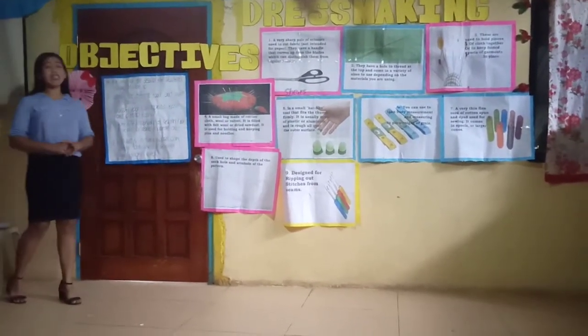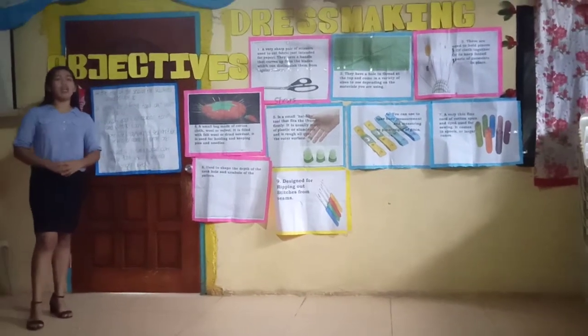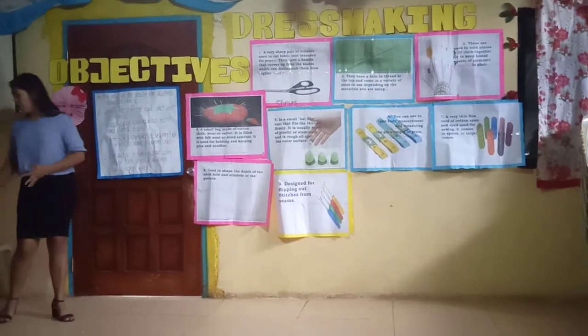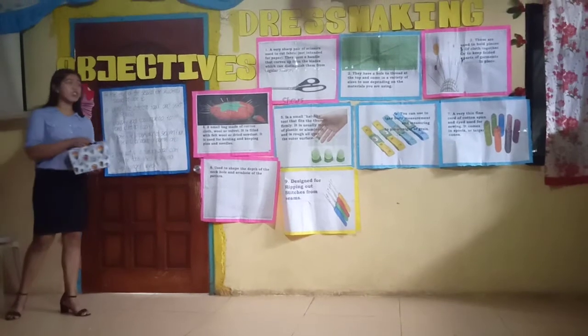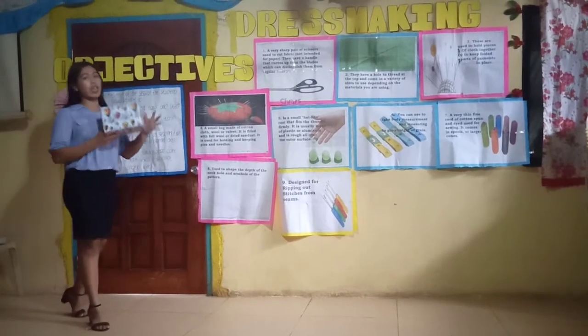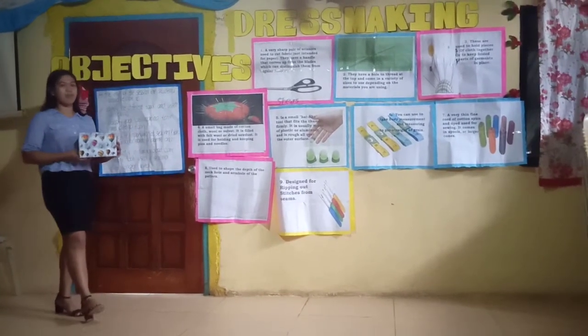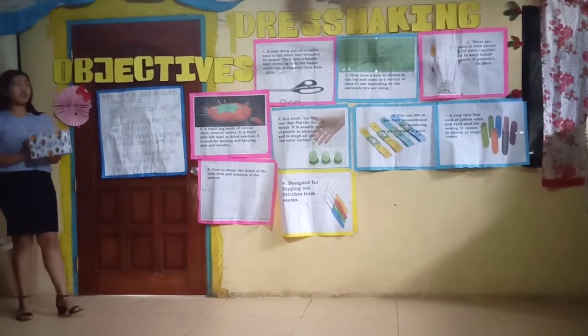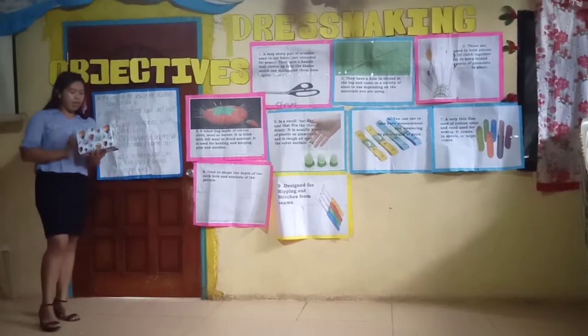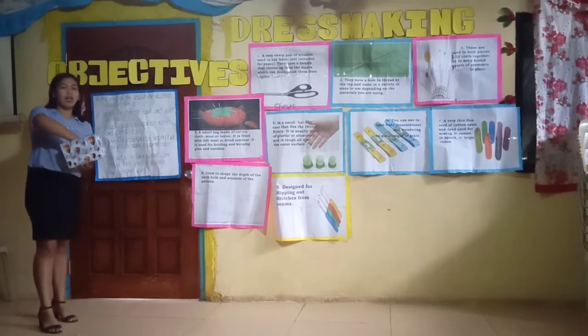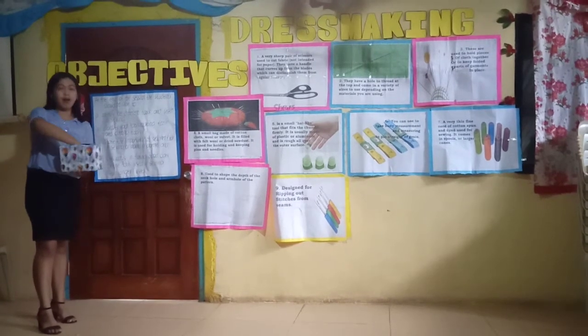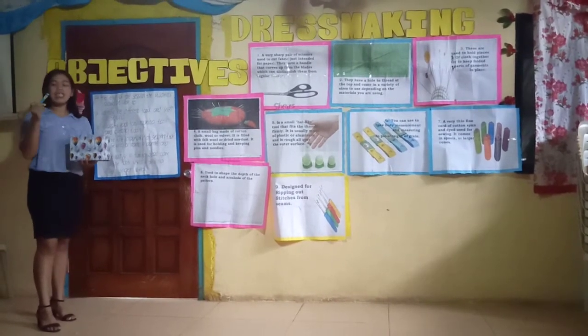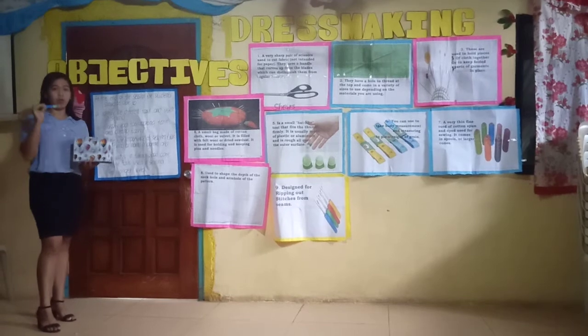My first activity is called Mystery Box. In this activity, the students will be able to guess what is inside the box. So, assuming that the students will put something in this box, Jessa said that this is a tape measure.